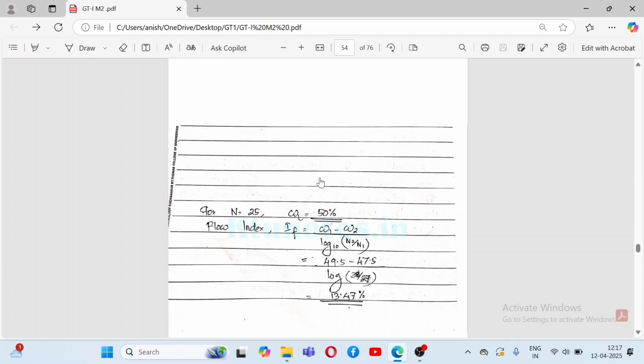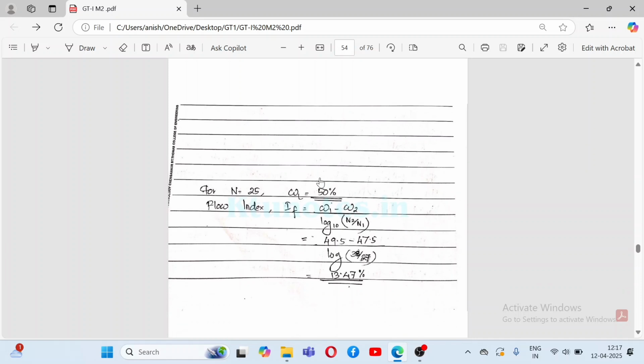For N25, it is normally taken in the Casagrande test. It says that you should get the liquid limit properly at N25, which is not practically possible. You might get the number of blows as 26, 28.